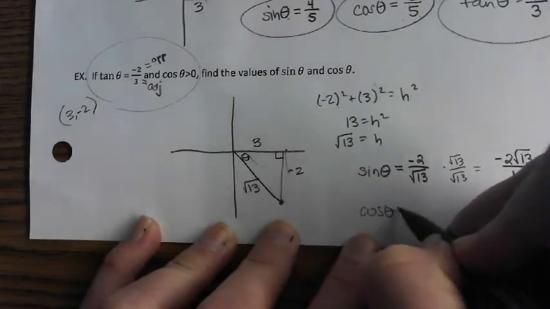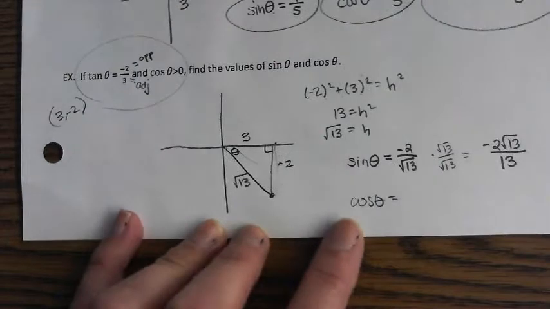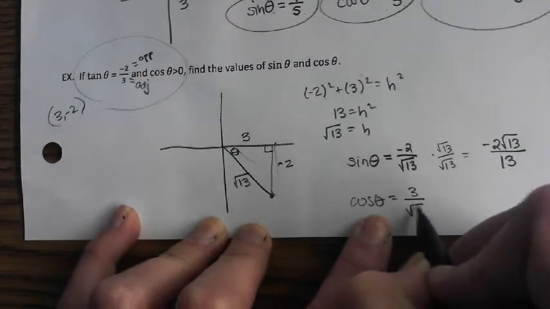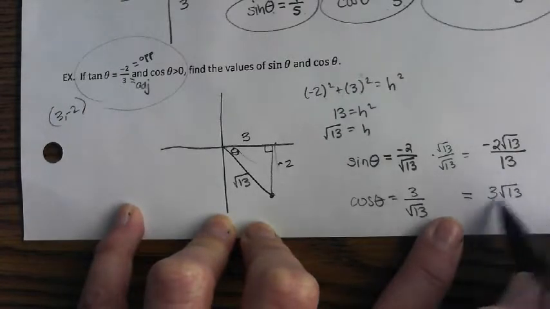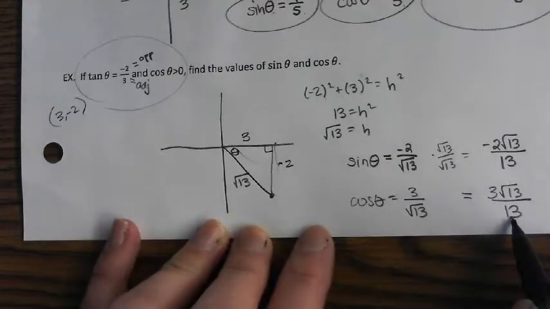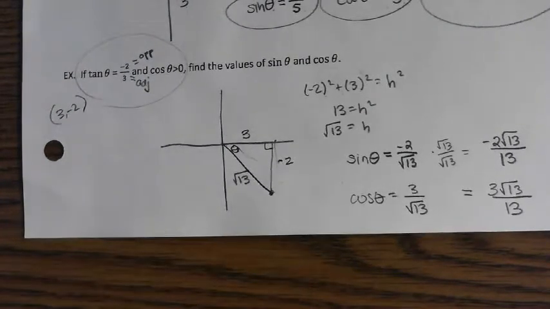Cosine of theta is going to be what, Connor? 3 over radical 13. We'll rationalize that, and it will be 3 root 13 over 13. Cosine is adjacent over hypotenuse. Okie doke?